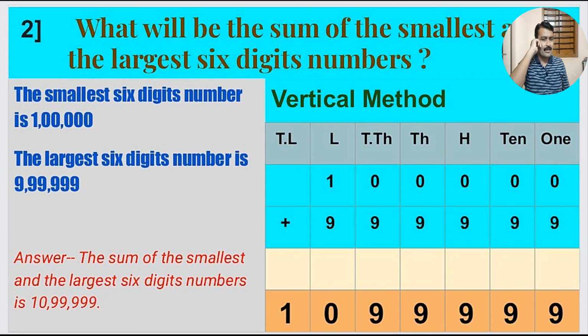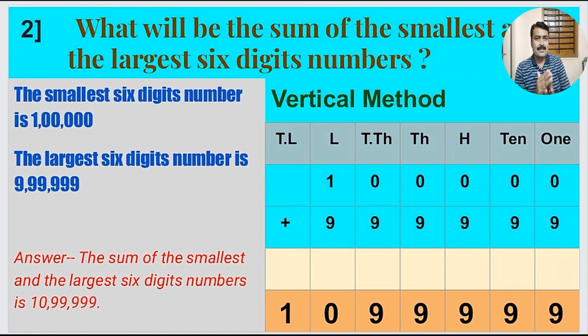So we got the final answer as 10,99,999. This is our final answer. We complete the answer in this way, writing at the left side corner: Answer: the sum of the smallest and the largest 6-digit numbers is 10,99,999.